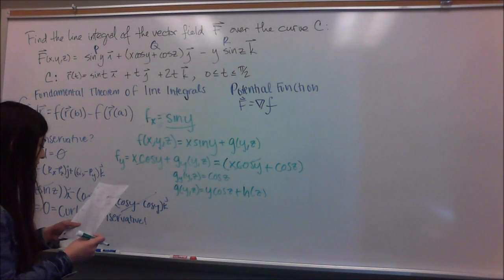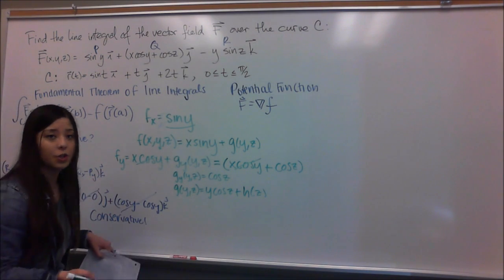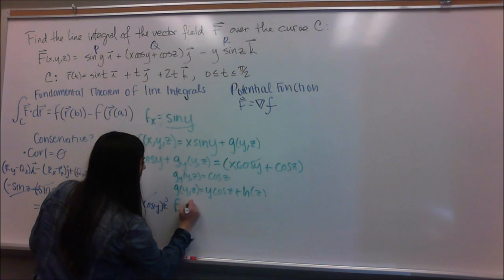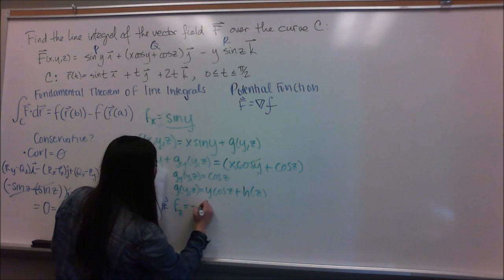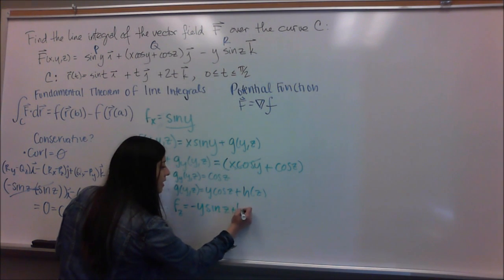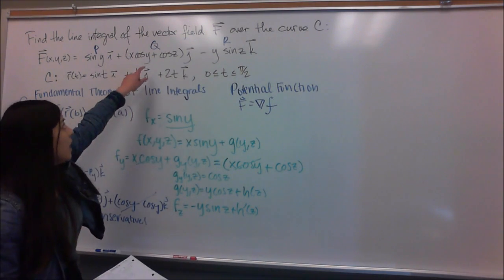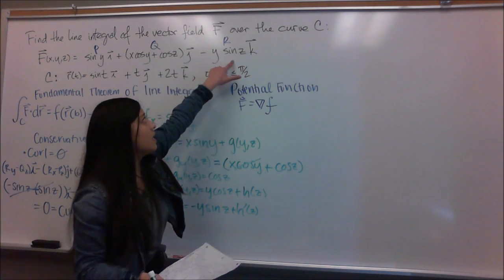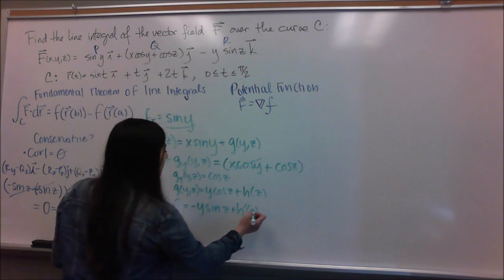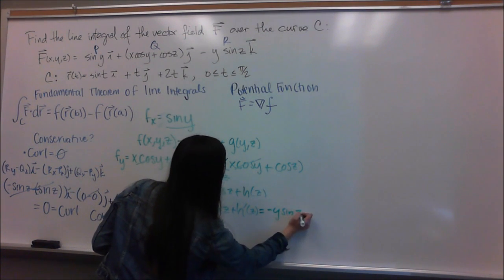Okay. Now, similar to what we did before, we're going to take the partial with respect to z of this function. So that's just going to equal negative y sine of z plus h prime of z. And we know that the z component of this vector field equals negative y sine z.